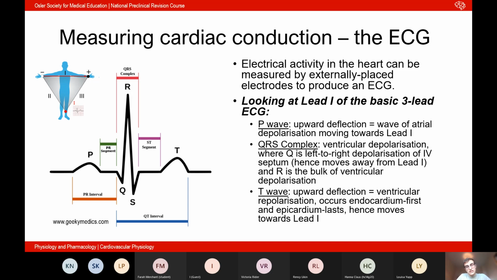So usually the QRS complex is nice and narrow to show a really rapid propagation of electrical impulses through the ventricles.